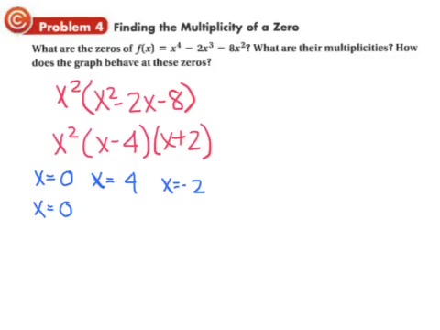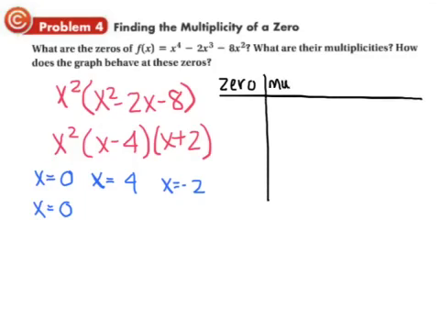Now from here, we can state their multiplicities and talk about how the graph behaves. So I'm just going to make a chart for myself. I'm going to list the 0, and then I'm going to list its multiplicity, and then its behavior.